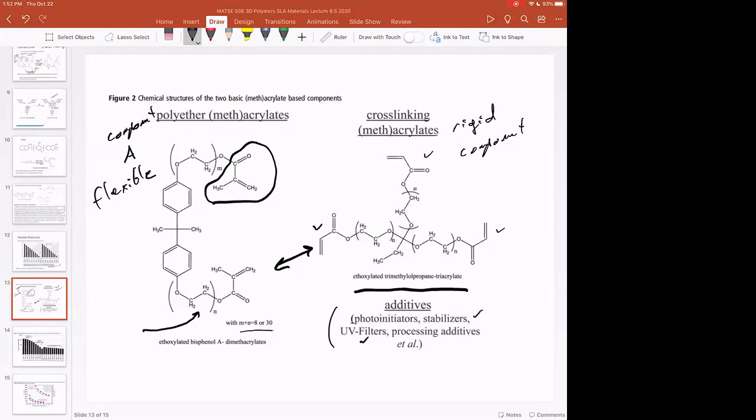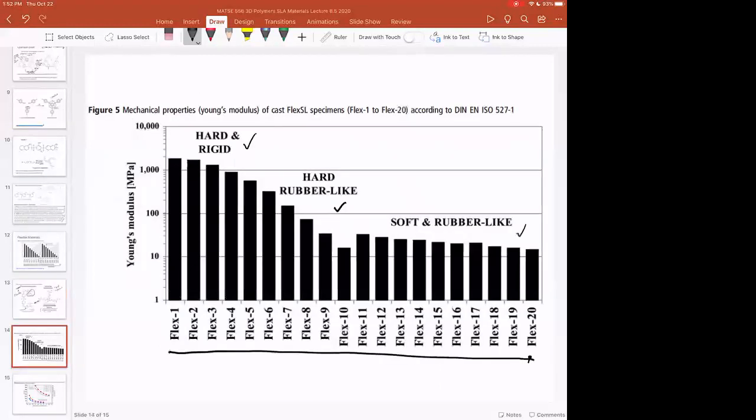You don't need all those different types of chemistry in order to get the properties that you might want. Now, different oligomers are good at different things, and we'll talk a little bit about that. So you can't use the same two oligomers for every single material you might want to make, but this allows you to build up, again, a family of products that all still work in an SLA process.